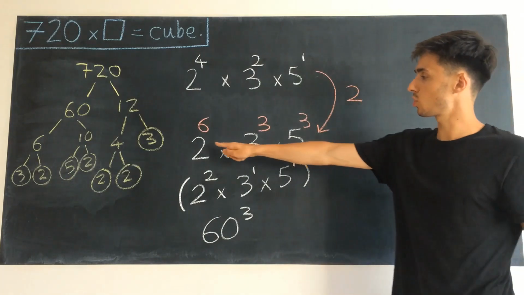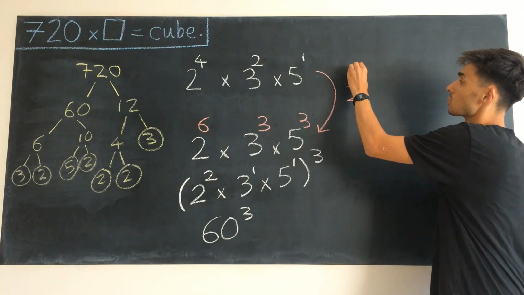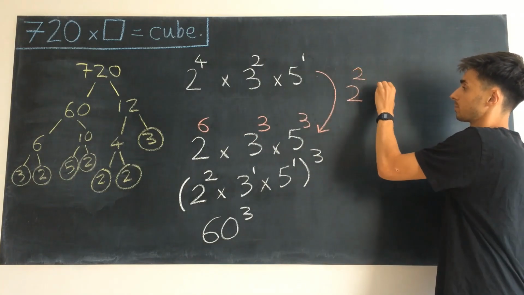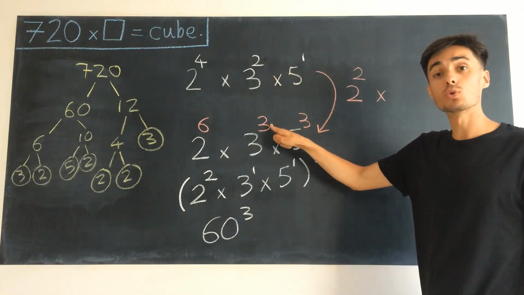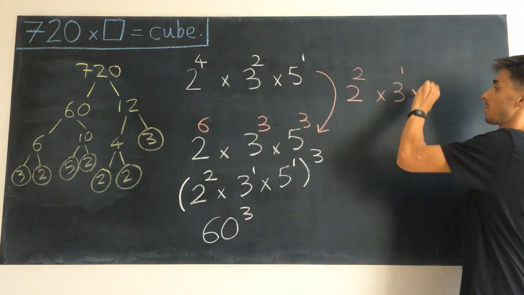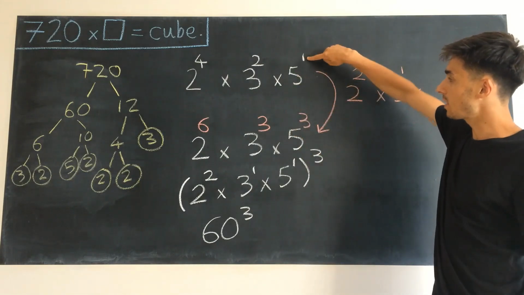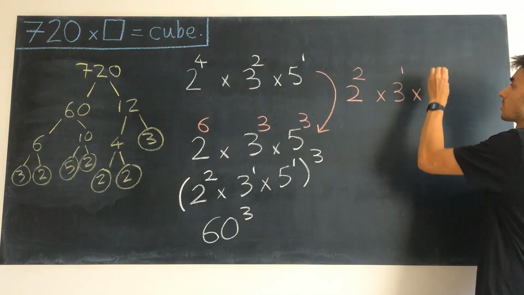our powers of 2 have gone from 4 to 6, so we added 2 powers of 2. Our powers of 3 went from 2 to 3, so we've added a 3 to the power of 1. And our powers of 5 went from 1 to 3, so we've added a 5 to the power of 2.